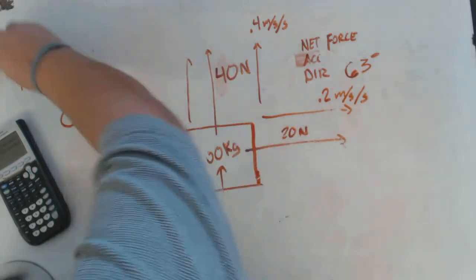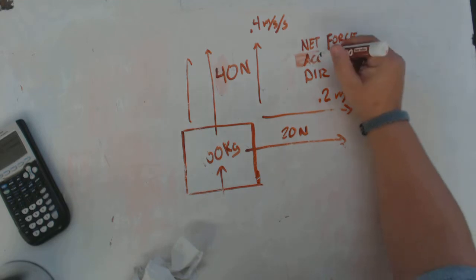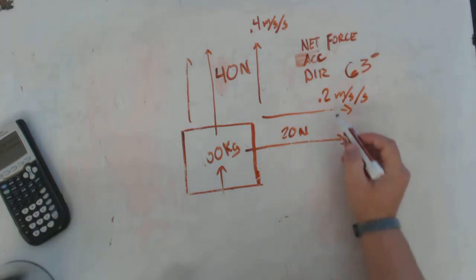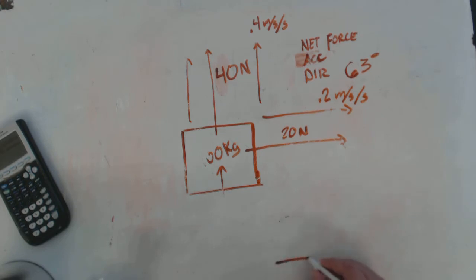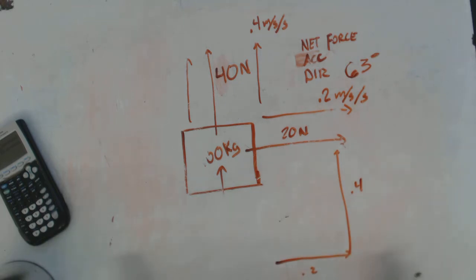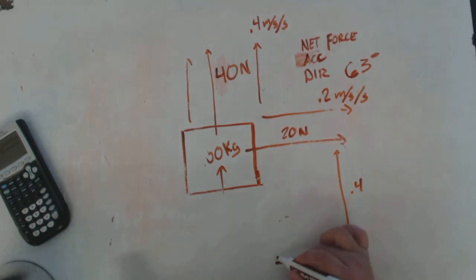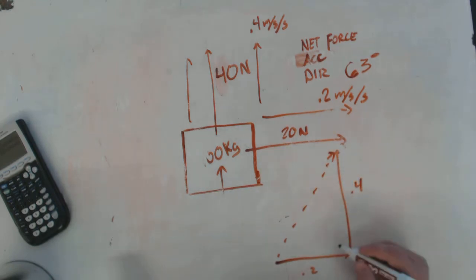I've got my degrees. And now I want to re-examine my acceleration. I have it in two different values. I have it as a 0.4 and a 0.2. So this was 2, and this was 4. Okay? And now I want to figure out what the length of this is. Now, vector addition, there's two ways to do it.